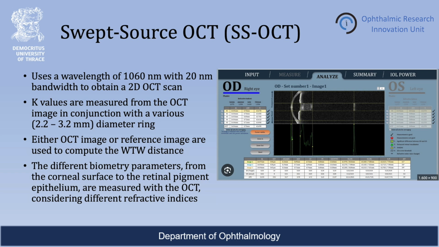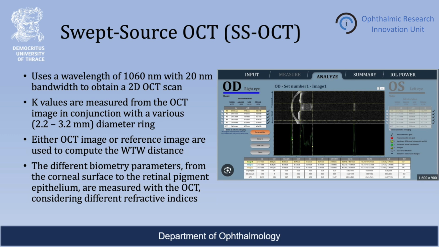Swept source OCT uses a wavelength of 1060 nanometers with 20 nanometers bandwidth to obtain a two-dimensional OCT scan. Keratometry values are measured from the OCT image in conjunction with a ring of diameter varying from 2.2 to 3.2 millimeters. In some devices, OCT image is used for white-to-white distance measurement.